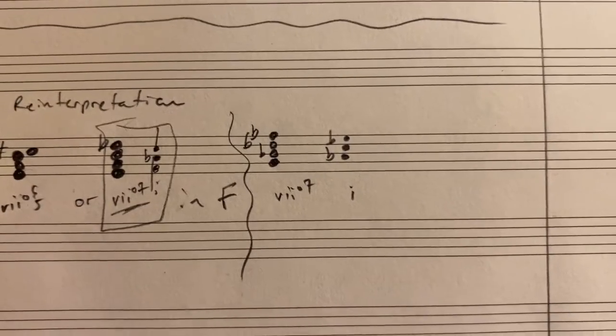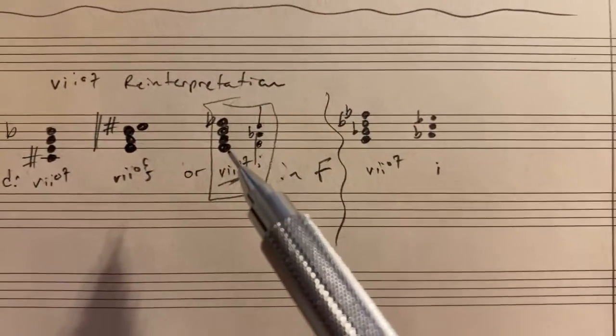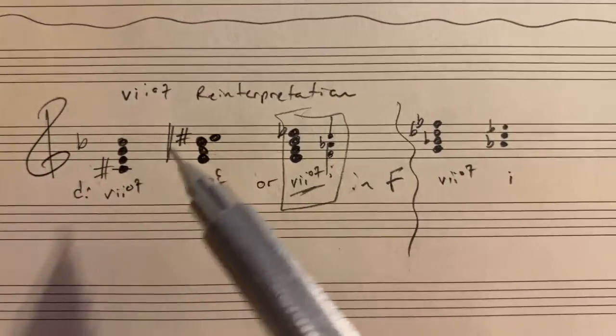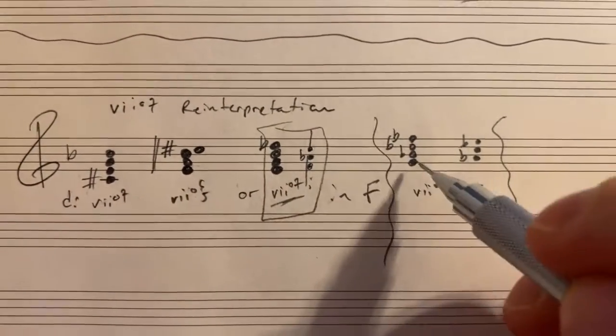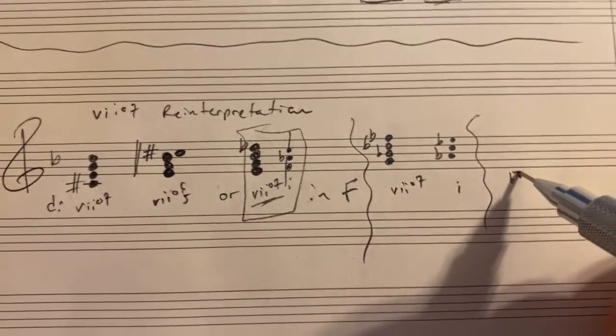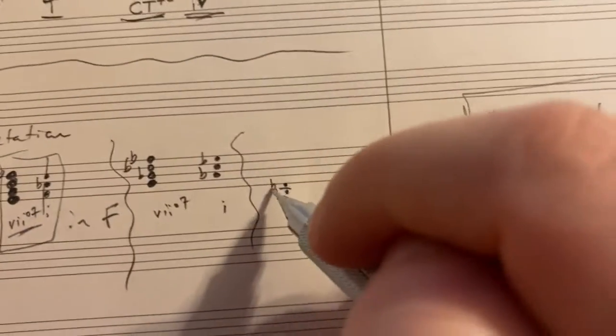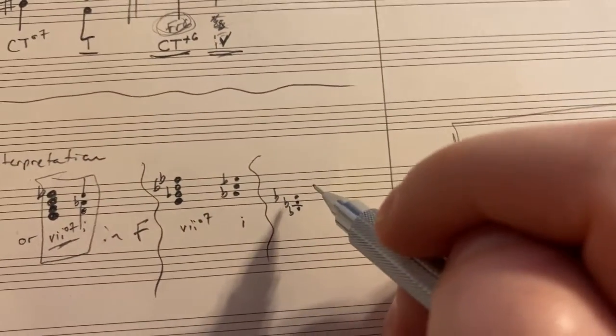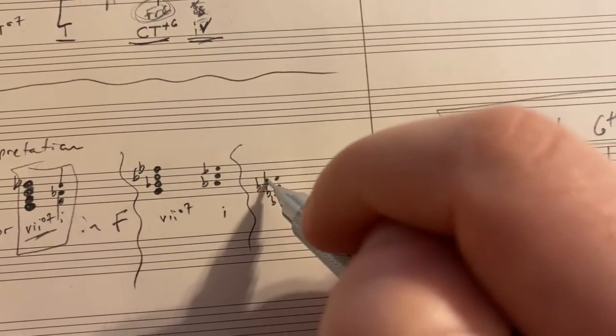Right? Same 4 pitches as this, same 4 pitches as this. And then you can do it one more time. We can start on the B flat, D flat, F flat, and A double flat.